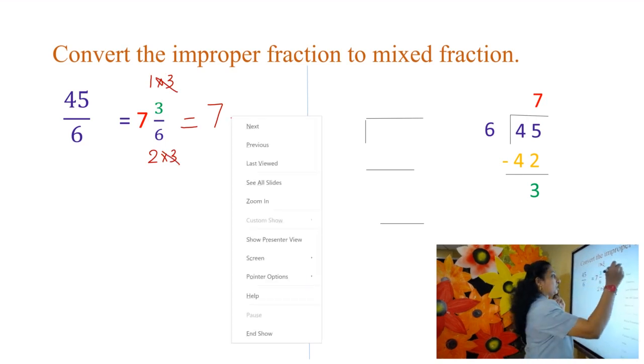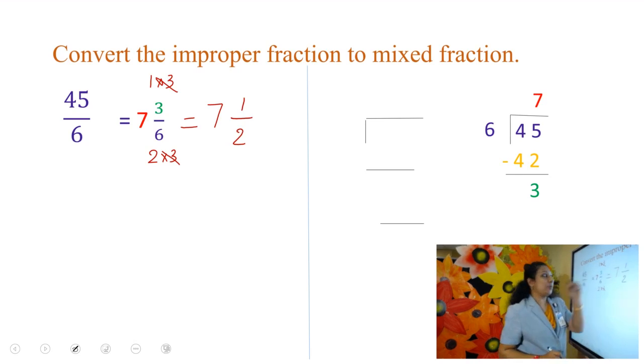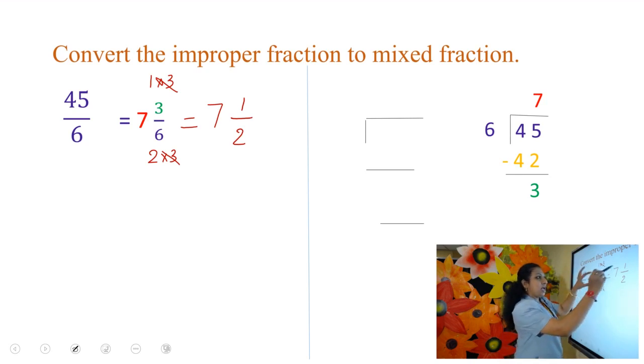So this is equal to 7 and 1 by 2. Equivalent fraction for 3 by 6. Now you understood why we learned equivalent fractions. Wherever an equivalent fraction comes, make it to the lowest form. Understood? So 3 by 6 can be written as, we can cancel them and write it as 1 by 2. Why? They are multiples of 3.